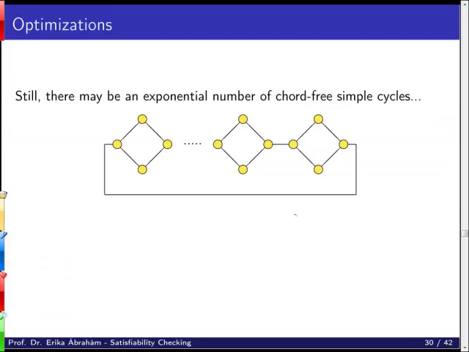You can see a good example that there are exponentially many simple cycles. For each of these components, you can decide whether you go up or down. So for here you have decisions and so on. If you have n components, then you still have 2 to the n cycles. And if the only inequality is here, and all the others are equality, then you have 2 to the n contradictory cycles.